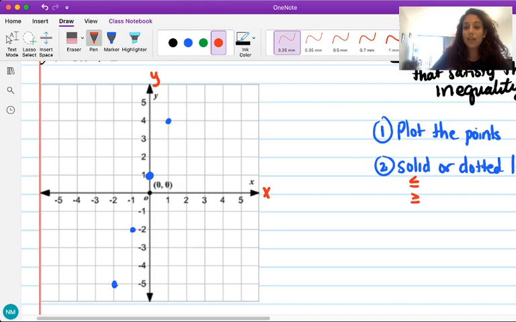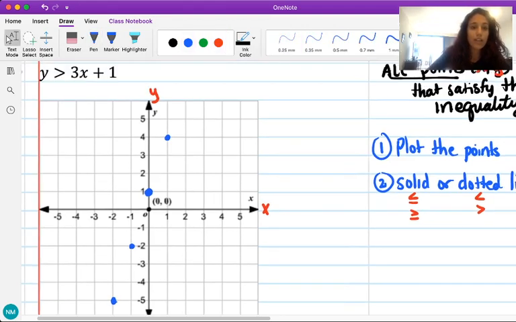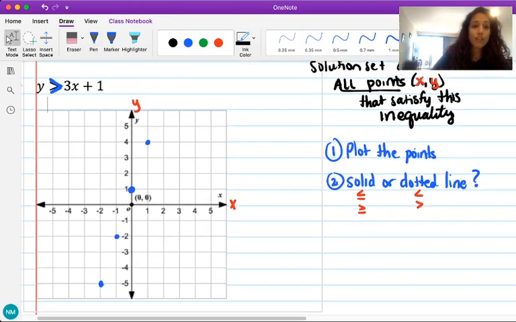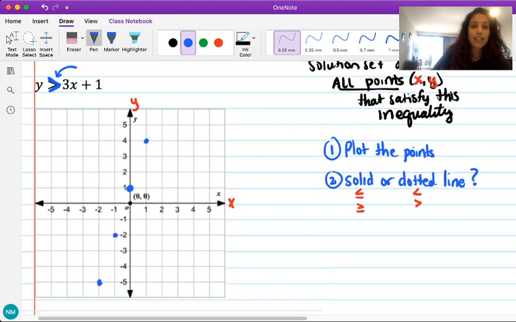It is dotted when it is less than or greater than. So what is it going to be? This is greater than, so just like it would be an open circle, it is going to be a dotted line. So I'm going to dot it, and we'll talk about what that actually means after we're done.